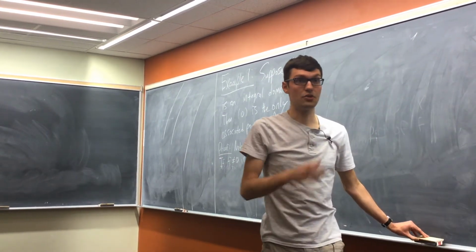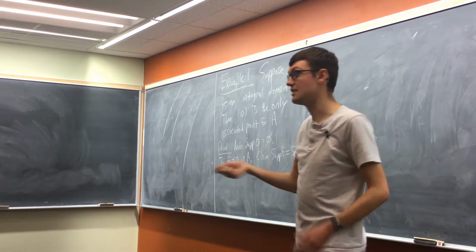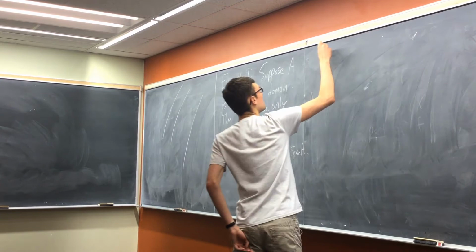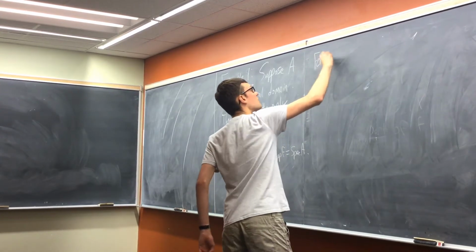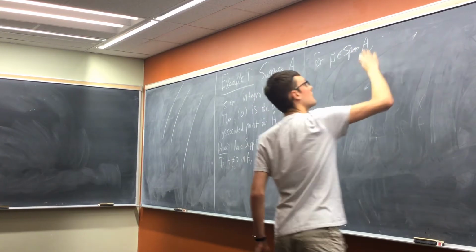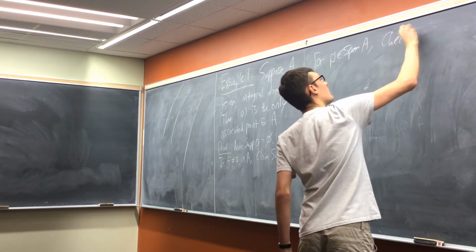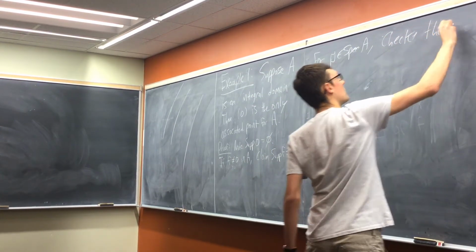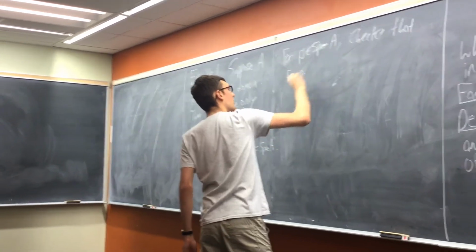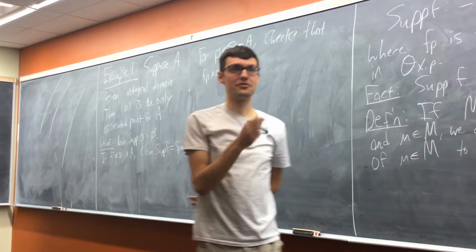So you want to check that if I localize at any prime ideal, the image of f in that localization is never 0. So for P in Spec A, we check that f_P is not 0. But what would it mean for f_P to be 0?